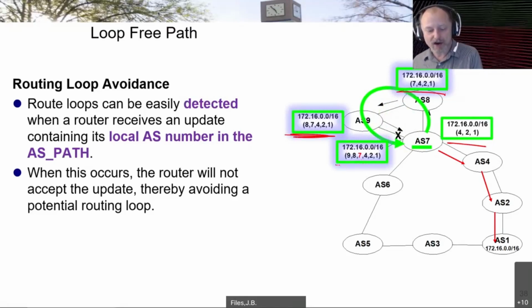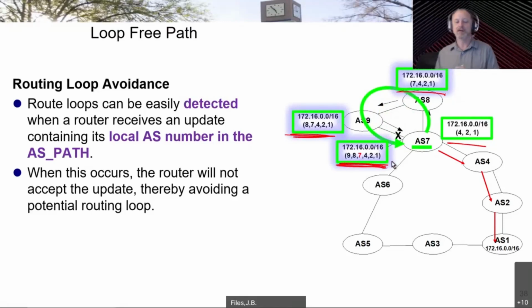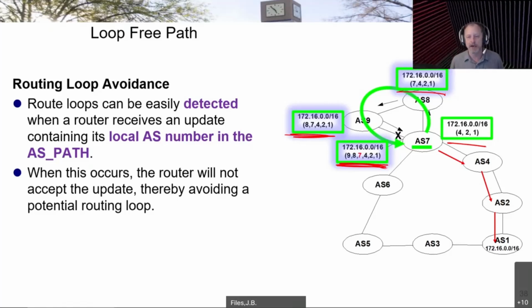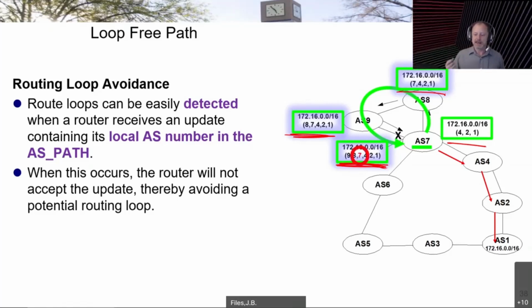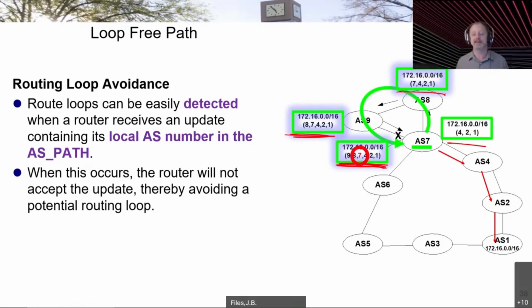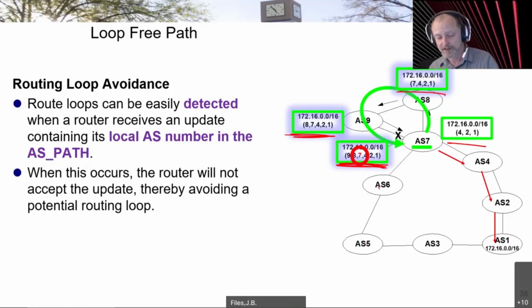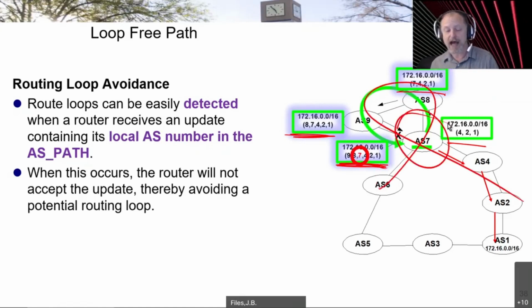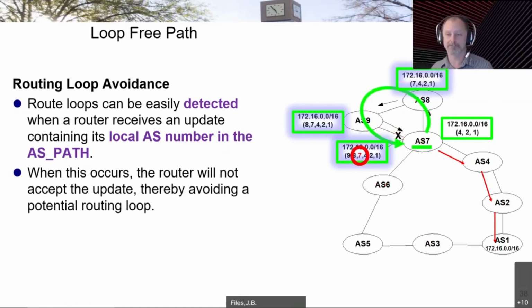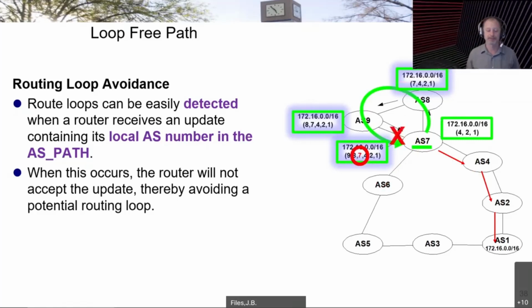Now it comes back around to 7, but notice the path is now 987421. Autonomous System 7 sees the 7 in that path and says, that would create a loop through me. Not going to do that. It will not accept that path.